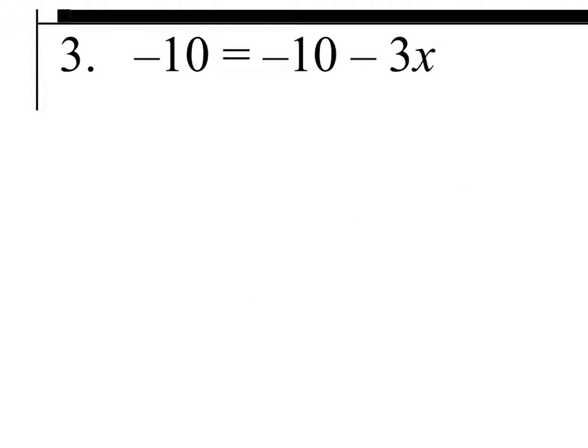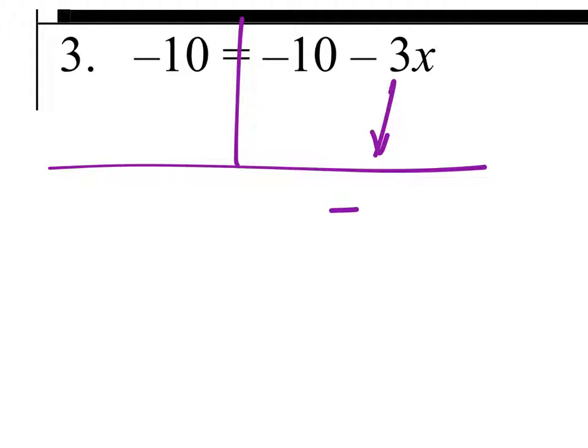So right here, again, if we can get this negative 3x all by itself down right here, then we'll be in good shape. So I can't have that negative 10 with it. I want the x's by themselves, on their own side of the equal sign, and nothing else with it, even if it's negative 3x's. So I got to get rid of that negative 10 by making it a 0. That's why we'll add 10.